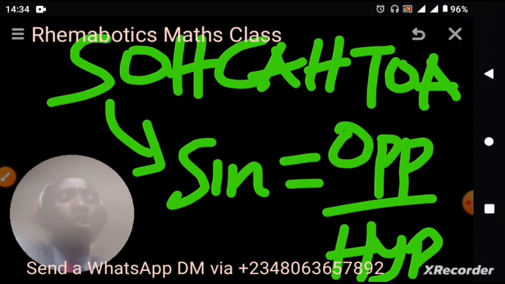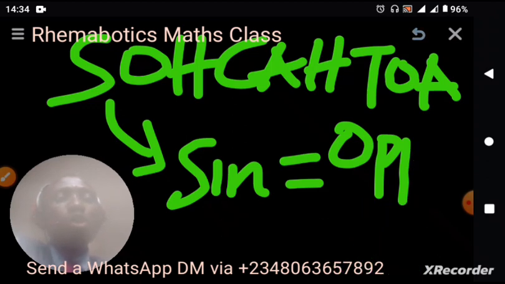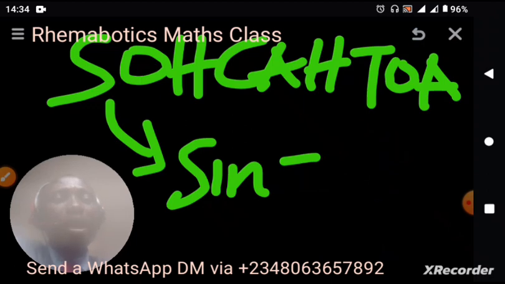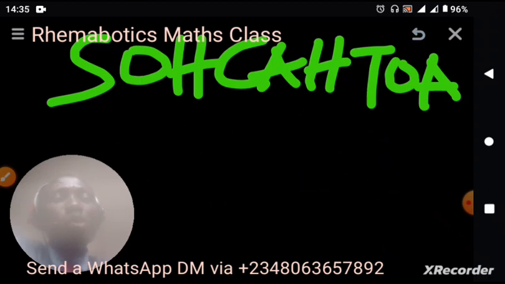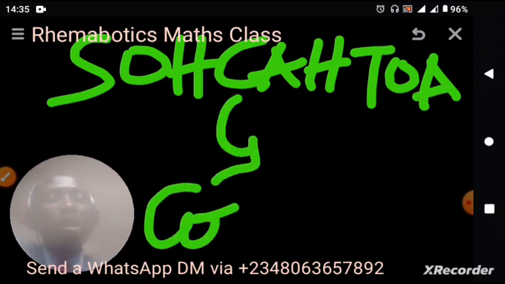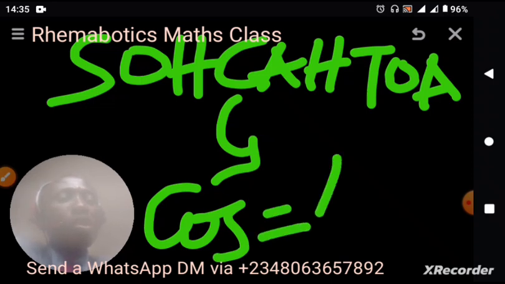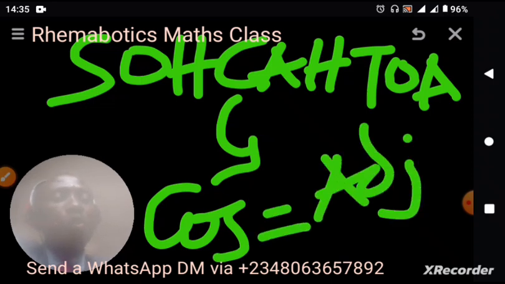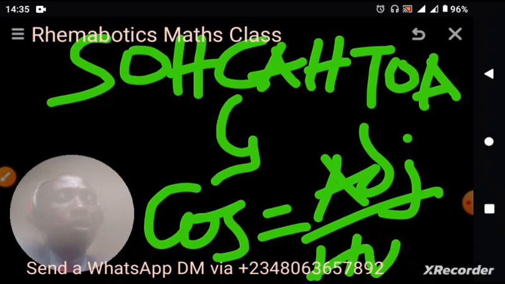I'm going to take this backward a bit so that we can do the C. We have done S, which is opposite over hypotenuse. Now C is cos. Cos is adjacent over hypotenuse.